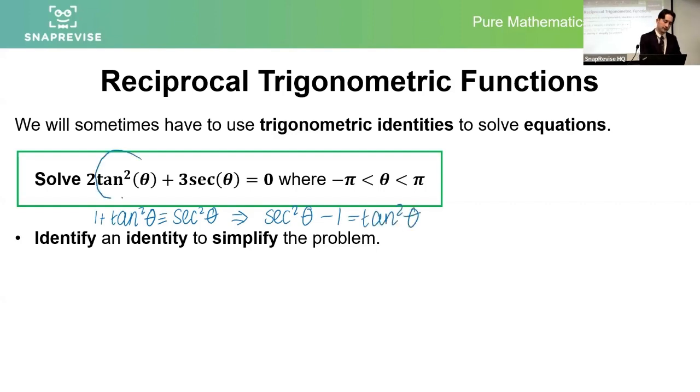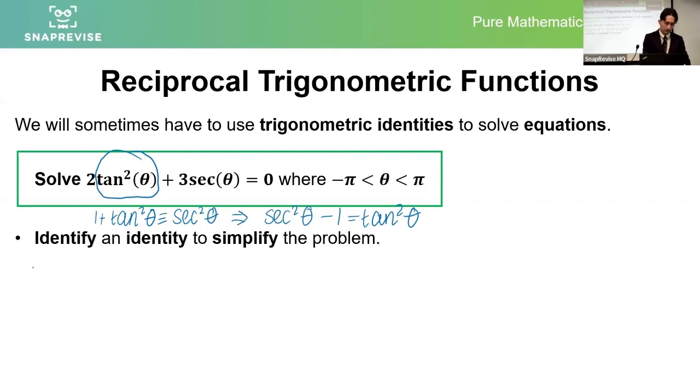And it's probably the tan squared we want to replace, because we can't replace sec. So often a lot of people think, oh, I'm going to replace the sec part, but it's actually the tan squared that's easier to replace. Create a quadratic problem in terms of sec. Let's do this together.